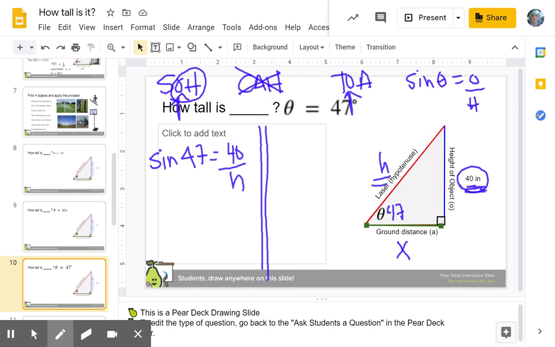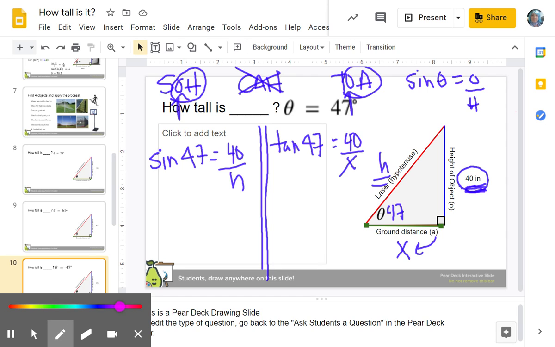And we can set up the tangent too. So tangent, always the angle next to it, unless you're looking for the angle. And then O over A turns into a fraction as well. So O is still 40. And I made A X, right? These two things are the same.